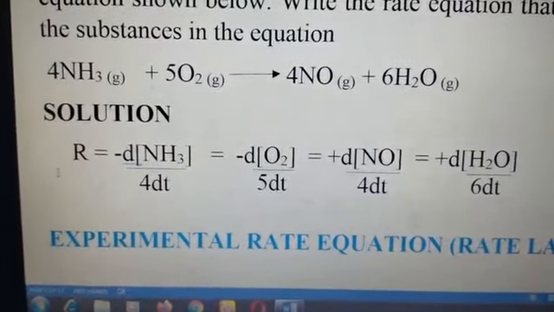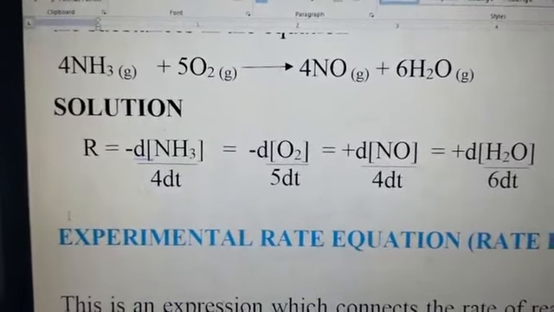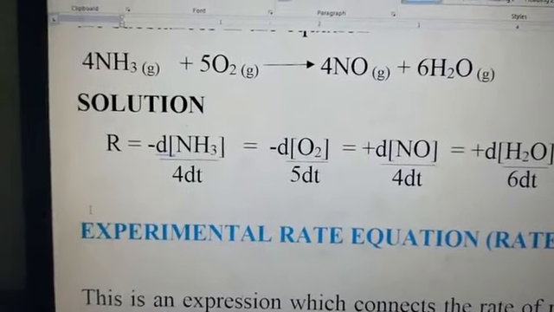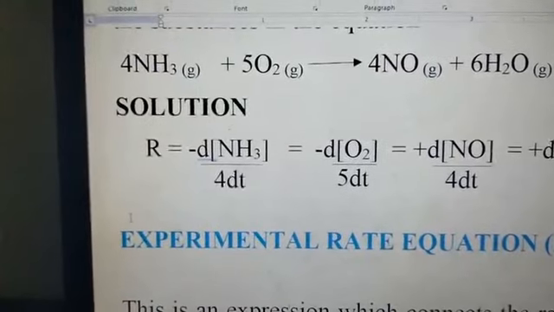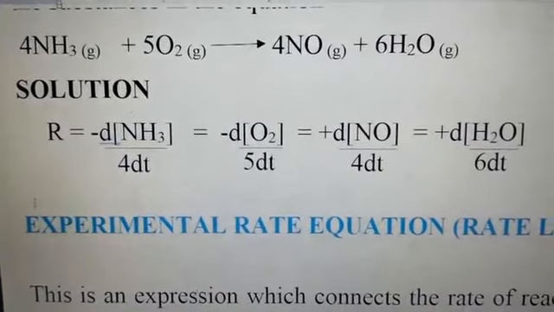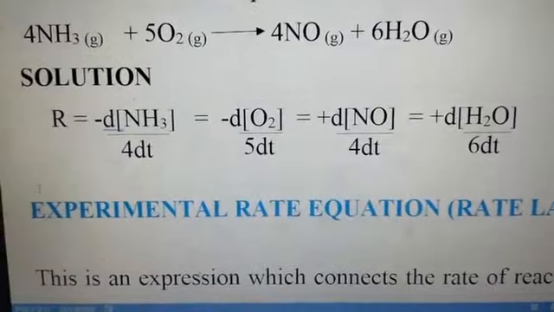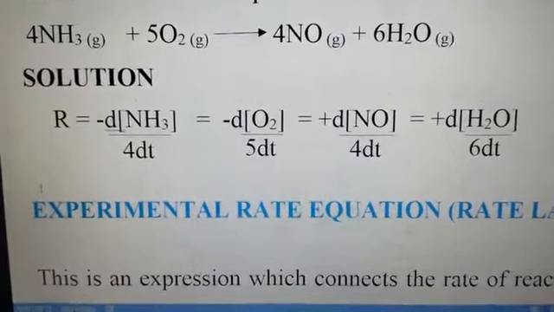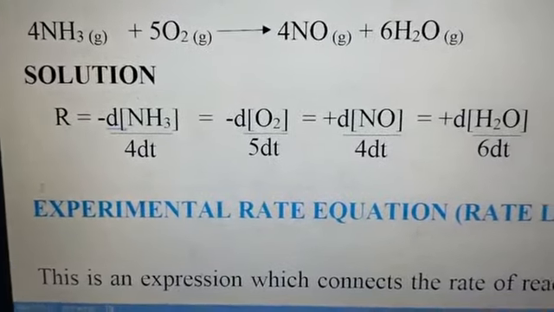Based on what you have learned so far, solution: rate equals negative d, that is change, bracket opens, ammonia, bracket closes, change in concentration of ammonia all over change in time divided by 4. Because of 4 molecules of ammonia there, divide the numerator by 4. Then go to oxygen, negative because it is a reactant as well. Change in concentration of oxygen, that is d, oxygen in bracket, all over dt divided by 5 because of 5 moles of oxygen in the balanced equation.